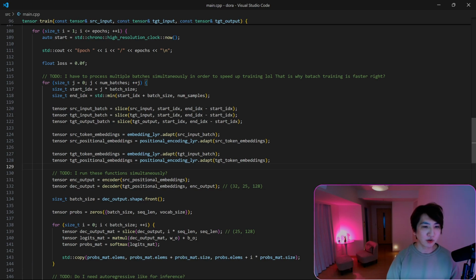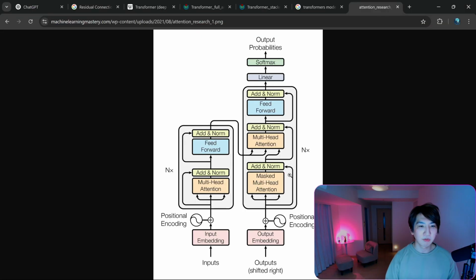After previous videos, we have prepared inputs for encoder and decoder. And if we look at the diagram, it would be these in the diagram. You pass inputs, you embed it, and you add positional encoding to that embedded tokens.